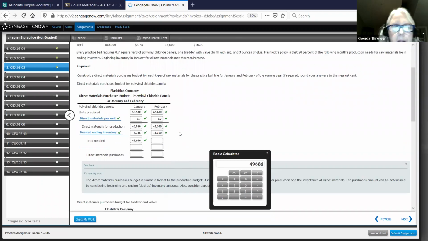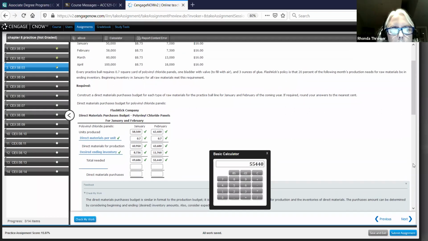We're going to combine the direct materials needed for production for February plus the ending inventory, and that'll give you 55,440. And then we're going to have to deduct back out our beginning inventory.